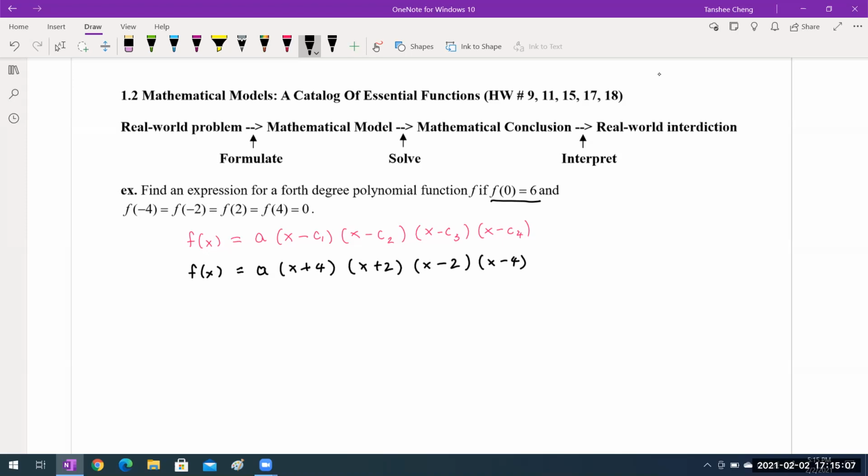So using the factor format is recommended. By knowing this information, f of 0 is equal to 6, I will be able to find out the value of a. This is basically talking about my output value being 6 when the input value is 0.